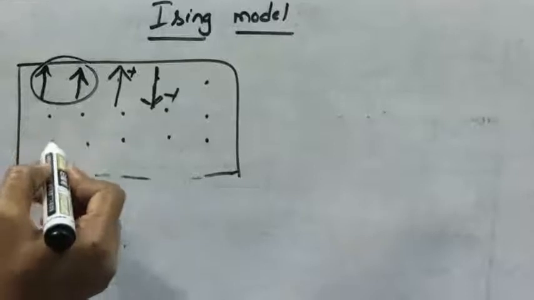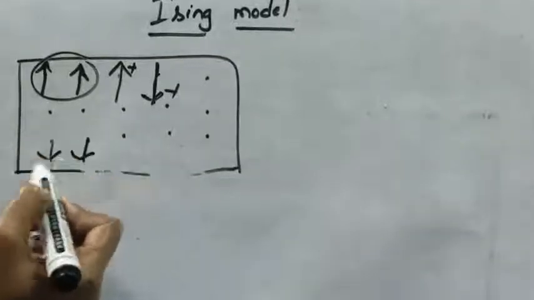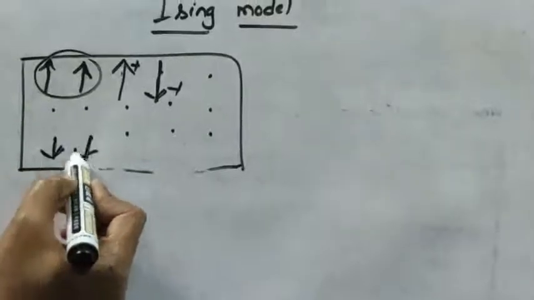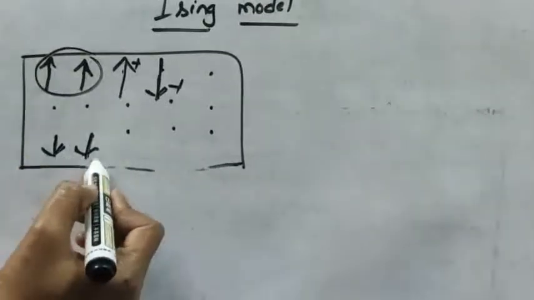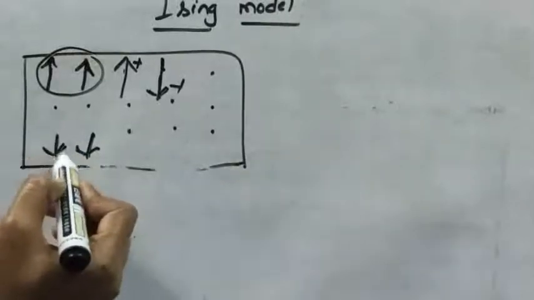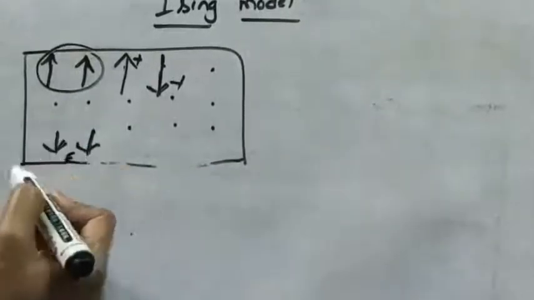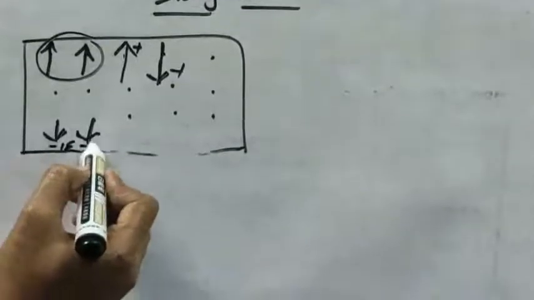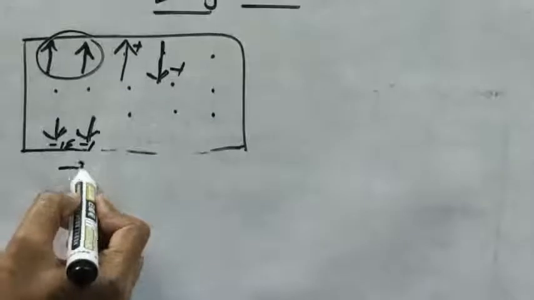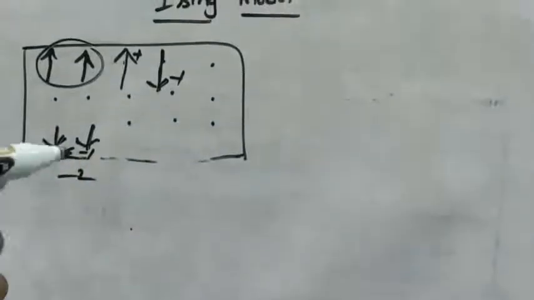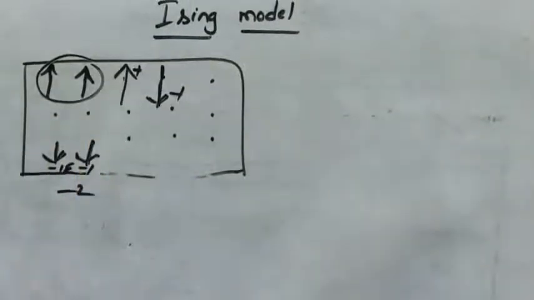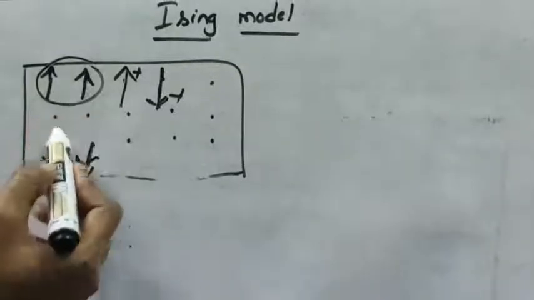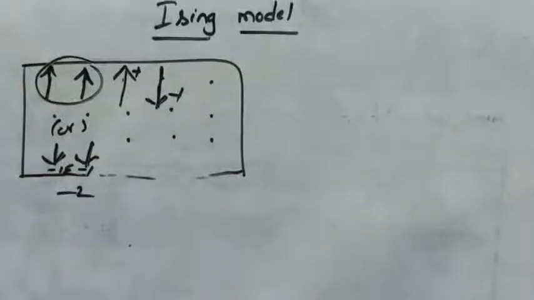Whereas, for example, if both this molecule and this molecule have downside spin, here also it adds up the energy, because the spin is minus 1 and minus 1, so it becomes minus 2.